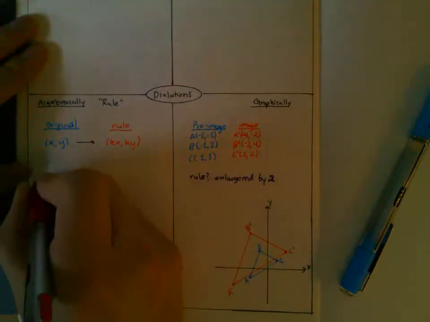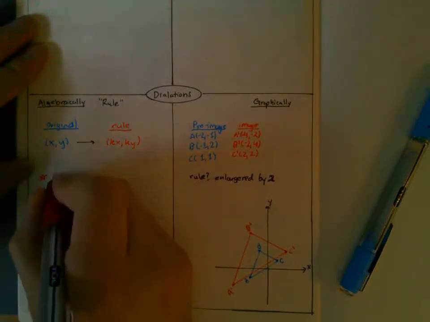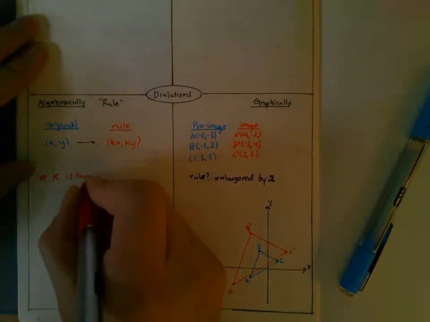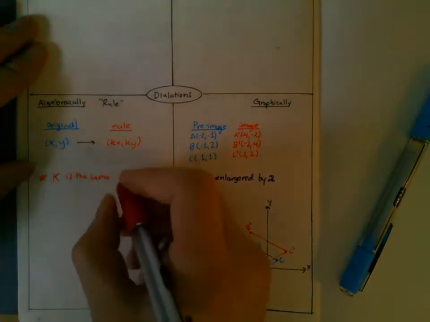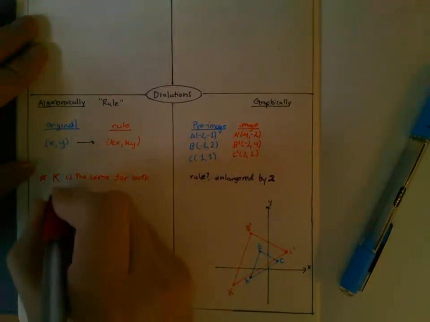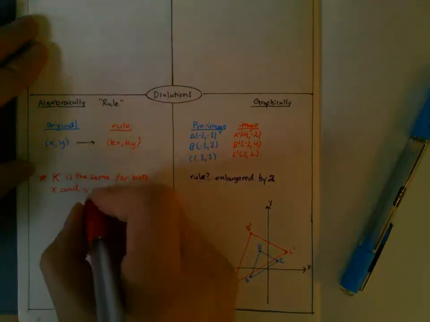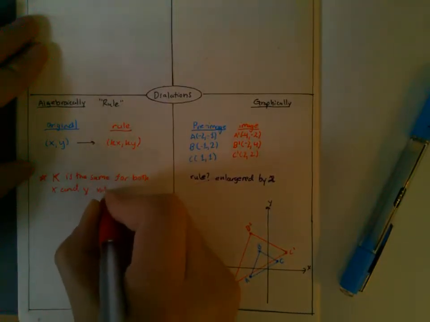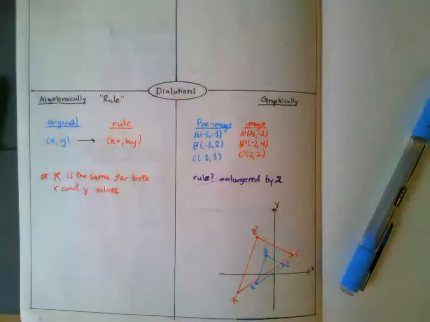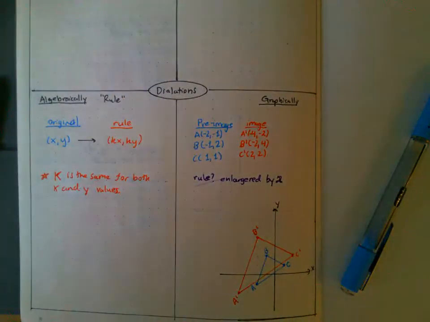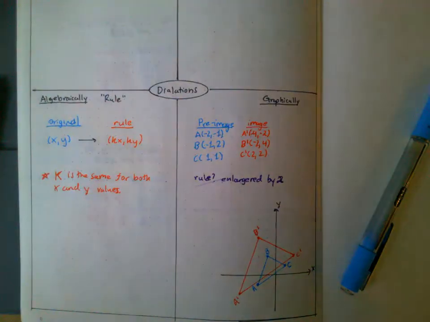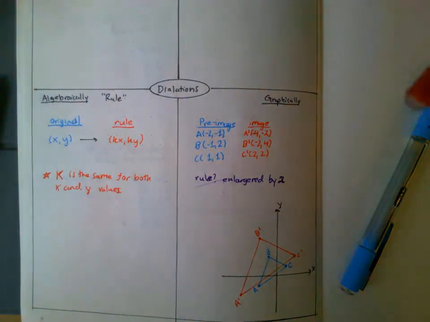There's a big star here you need to pay attention to: k is the same for both x and y values. Otherwise, it wouldn't be called a scale factor. That is very important that you know, super duper important.